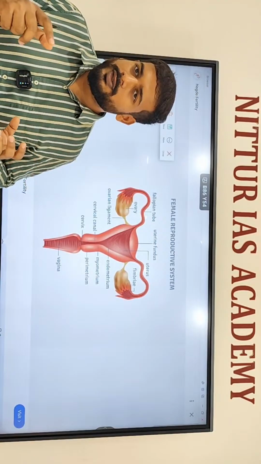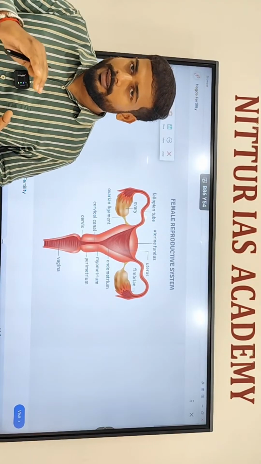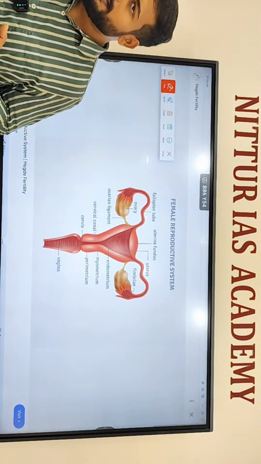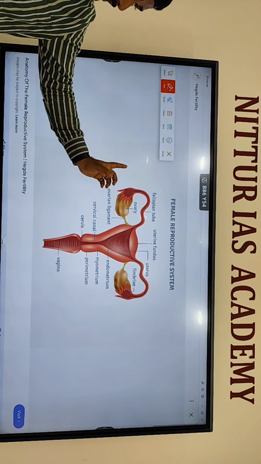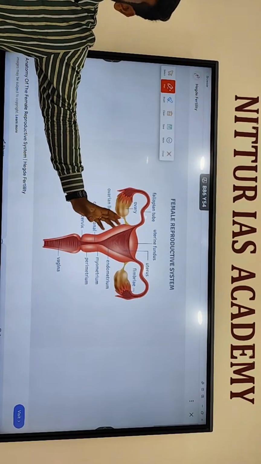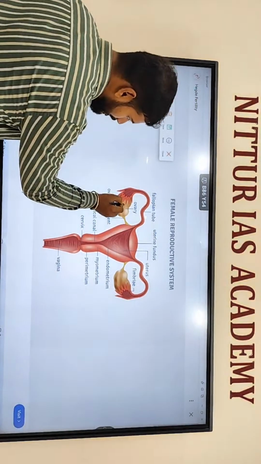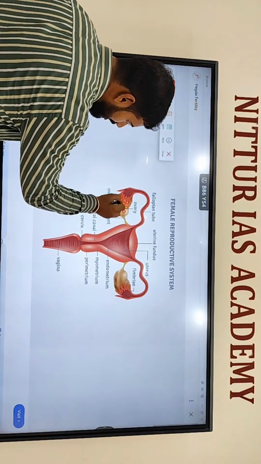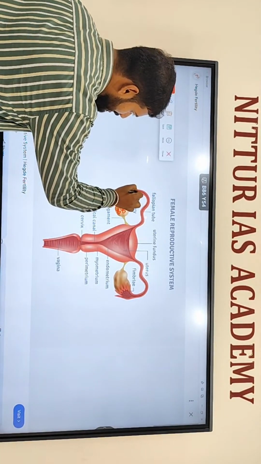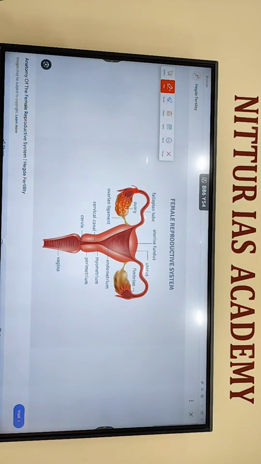Once menstruation starts at puberty, the menstrual cycle starts in female, right? Every month, from either of the ovaries, from any one ovary, one egg is released from the bunch of many eggs. Only one egg is released. Very important.